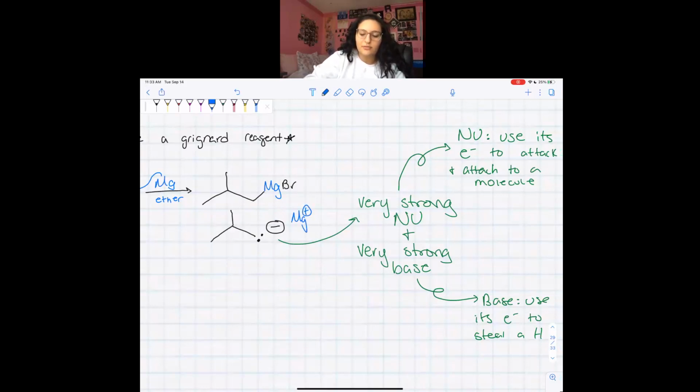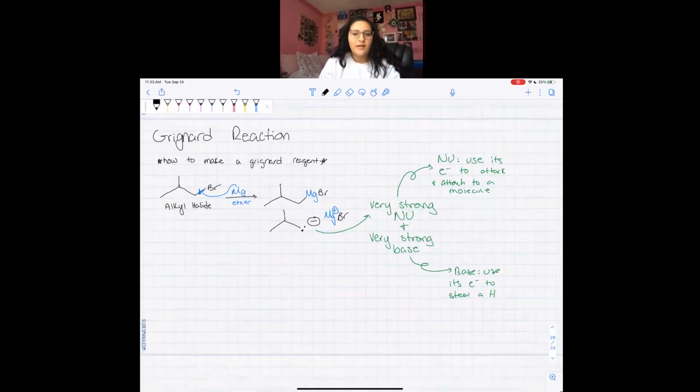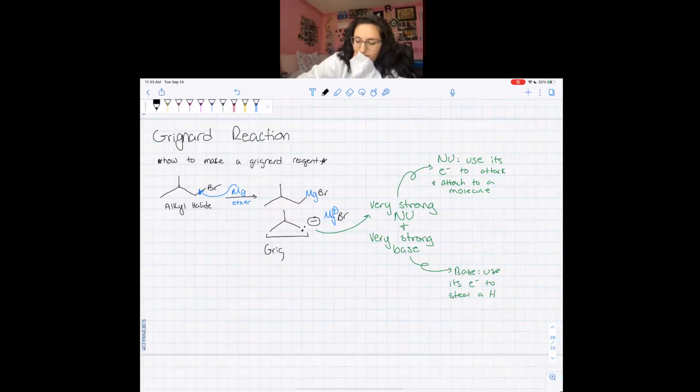So they're not really connected. So they basically fall off like a leaving group, kind of. Yeah, it's basically just floating around in solution around it. All right. So now that we know, sorry, yawning again. This is the Grignard reagent.